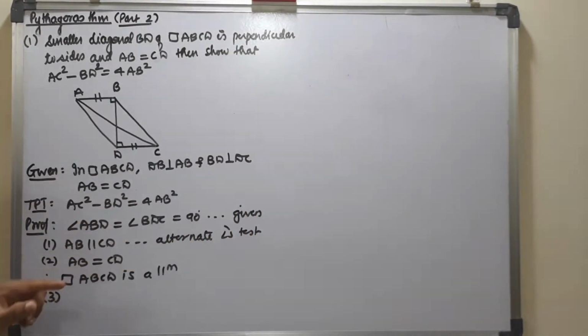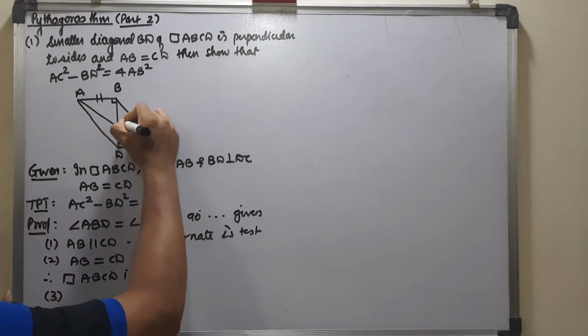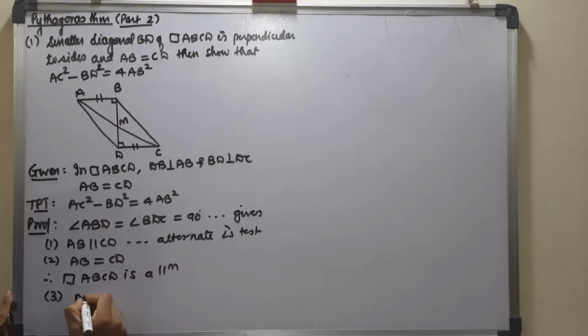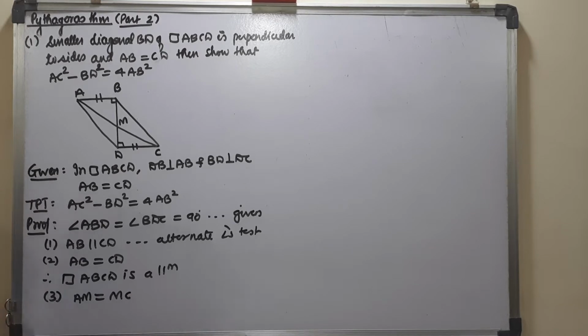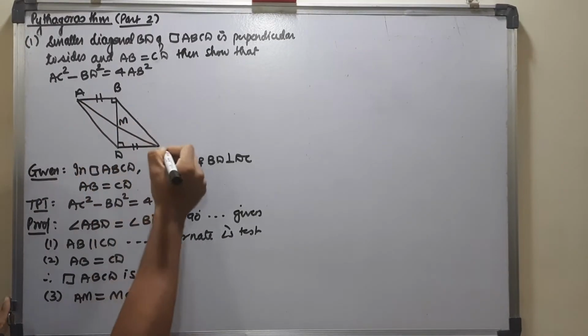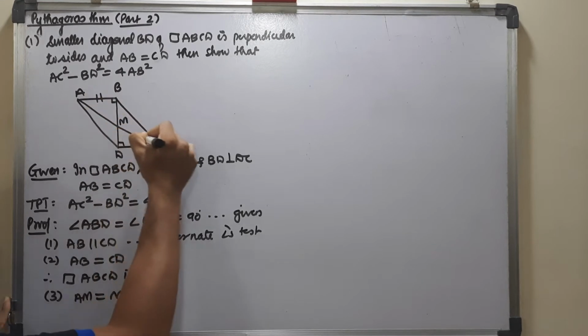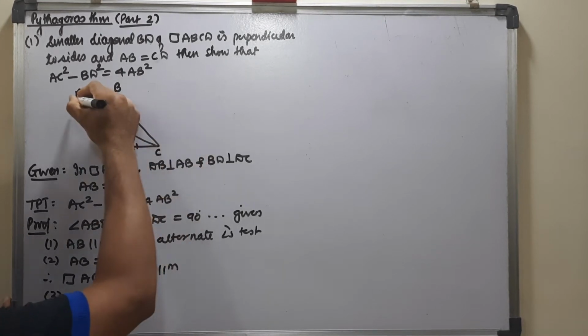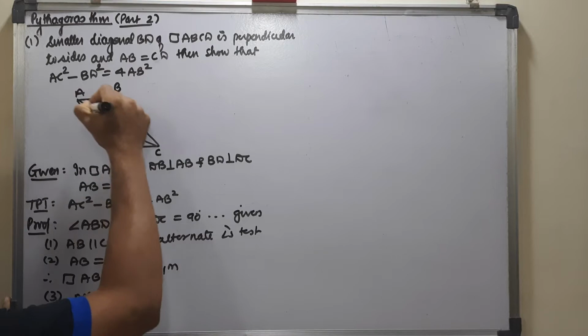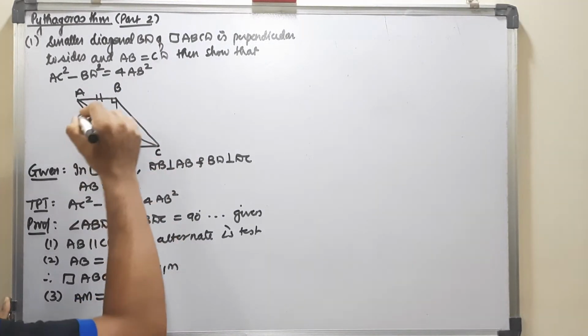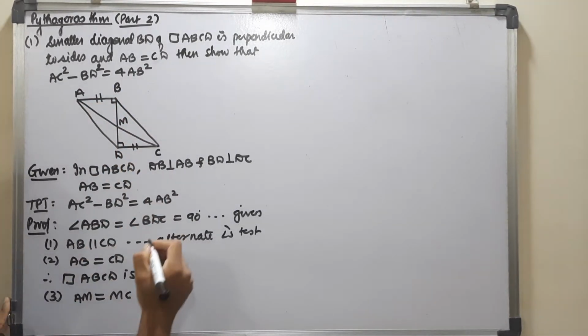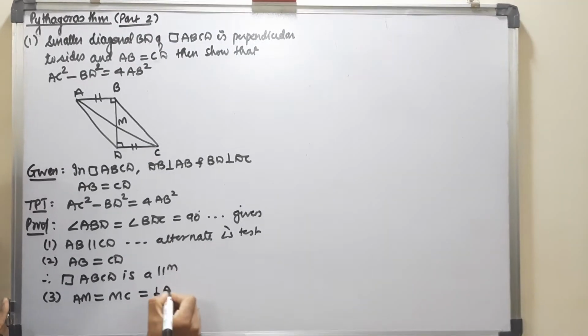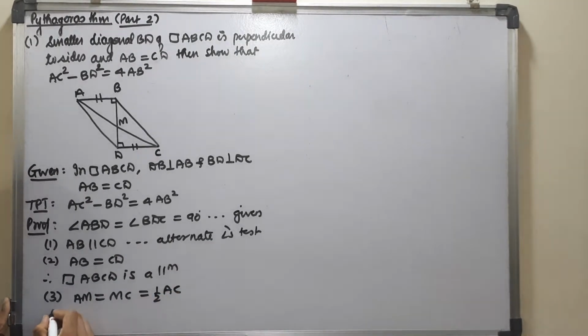So quadrilateral ABCD is a parallelogram, and the most important property related to diagonals is, let this point be M, that AM will be equal to MC, that is, the diagonals bisect each other. As discussed in the last session, AM is equal to MC, so the length of AM is half the length of AC and the length of MC is also half the length of AC.